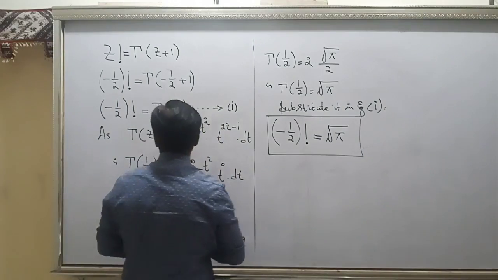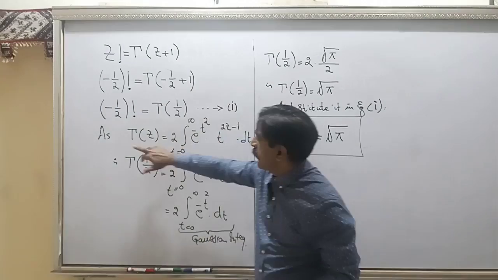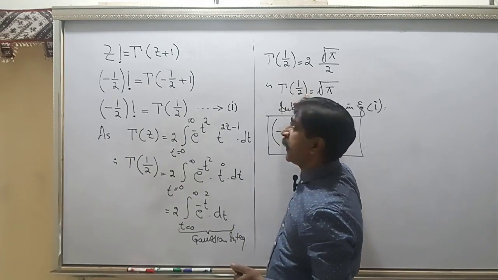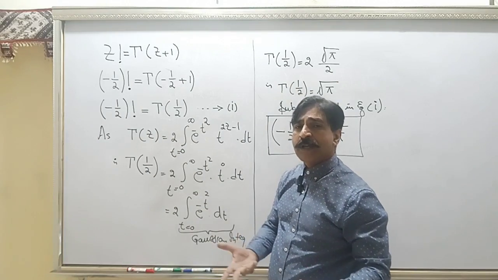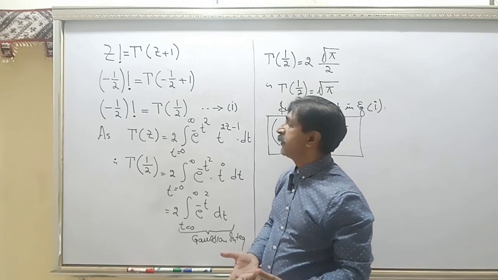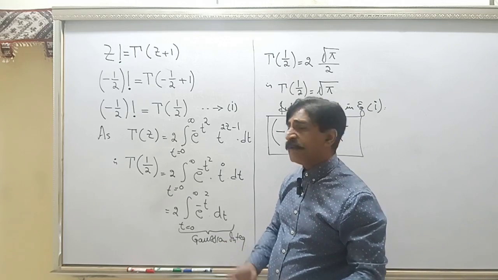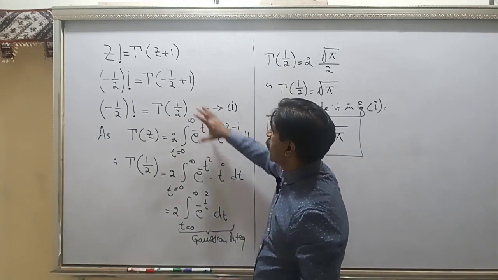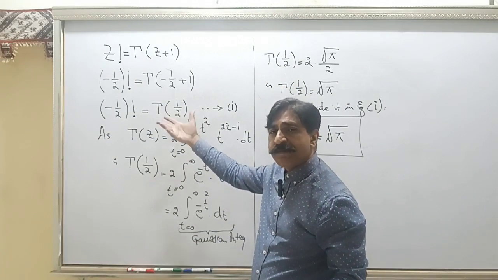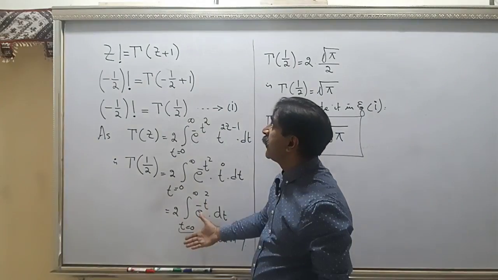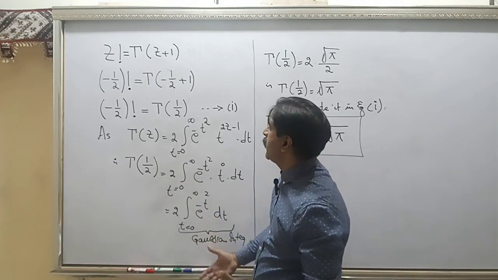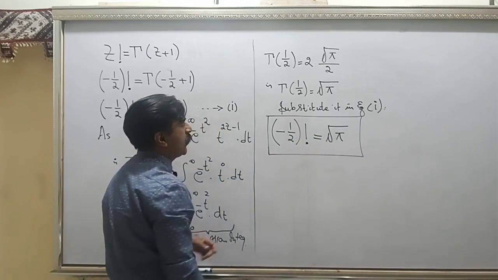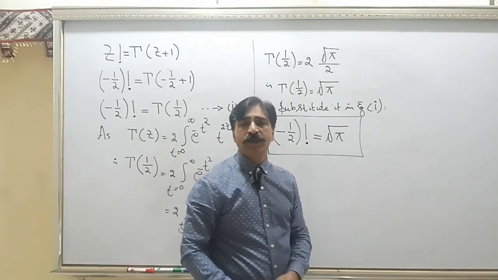You can skip these steps, starting from the word "as" up to this one, if you are attempting some multiple choice question. If there is a short question, then you should include this so that it makes some substance without any reference, and the solution becomes self-contained. So minus 1 over 2 factorial is equal to square root of pi.